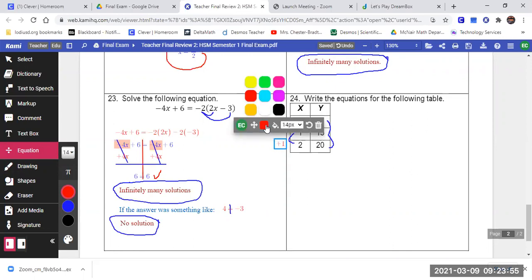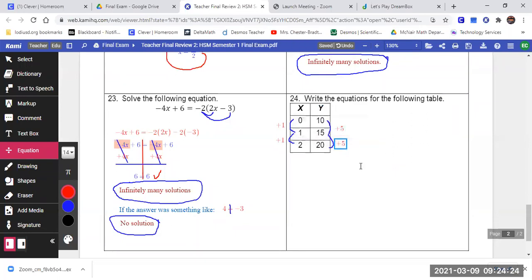So there's my change of x's. How are we going to find the change of y's? What's my change of y's going? Adding 5 each time, okay?